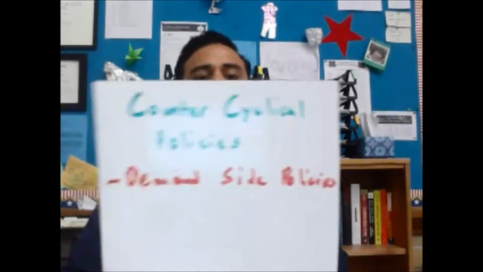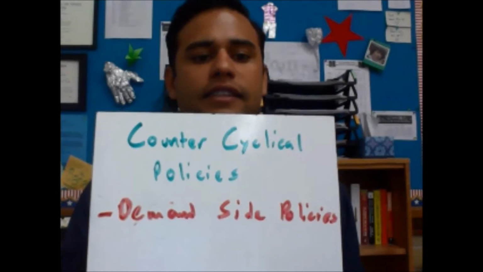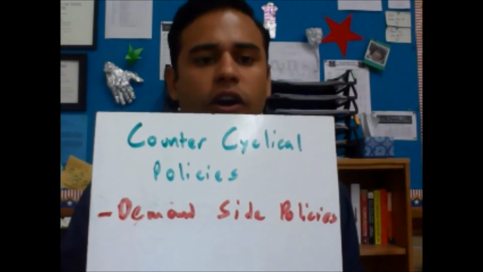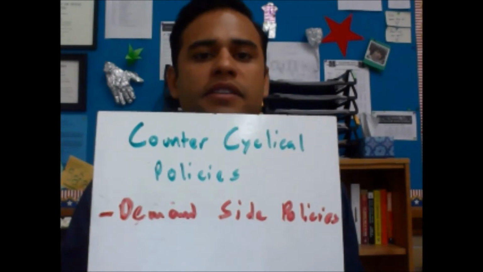Every single countercyclical policy that we will learn in this course is a demand side policy. So there it is in case you needed to see it in marker. Demand side policies. Countercyclical policies are demand side policies. That means that if I'm talking about fiscal policy, which is today's topic, we're talking about demand side policies. If I'm talking about monetary policy, those are demand side policies as well.